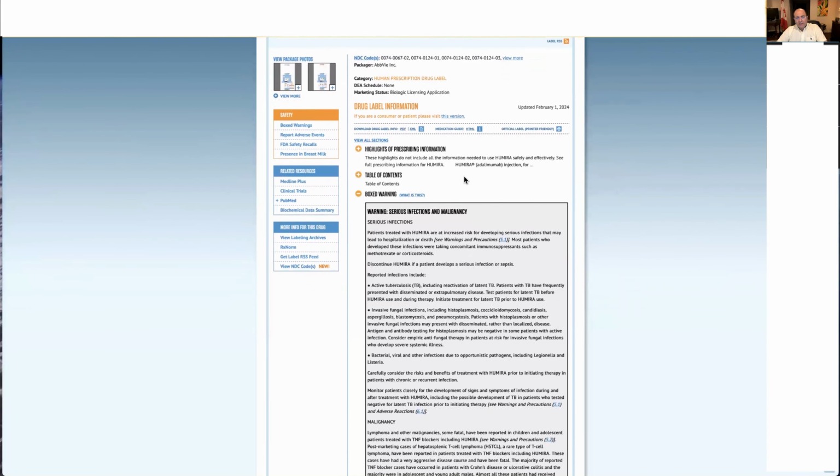As you see, we do have on the left side the box warning. This is the strongest warning that FDA requires and signifies that medical studies indicate that the drug carries a significant risk of serious or even life-threatening adverse effects. Now, you may say in this case, if the drug carries a significant risk of serious or even life-threatening adverse events, why is this approved?